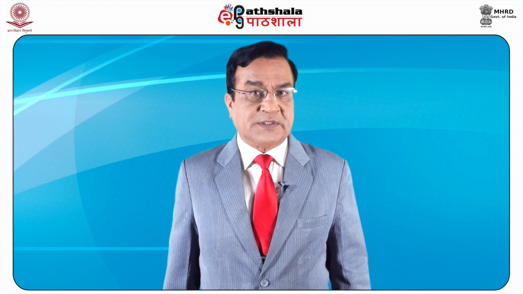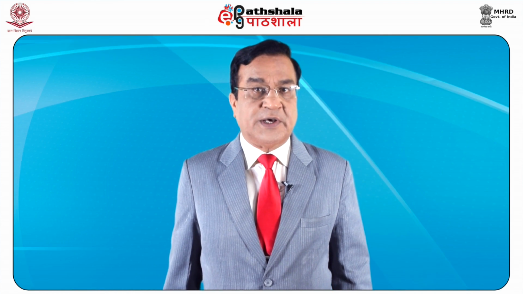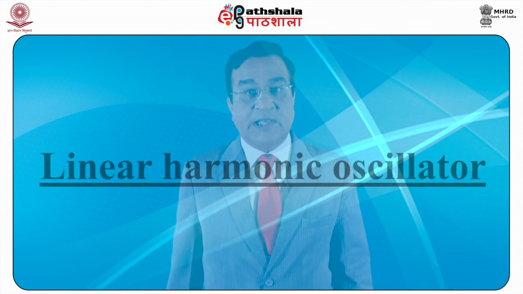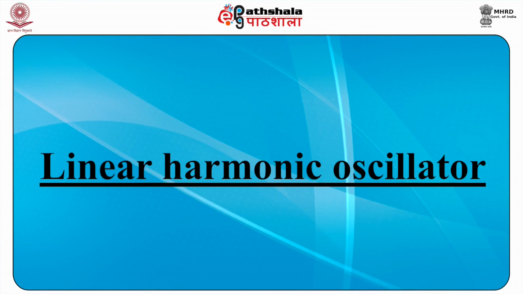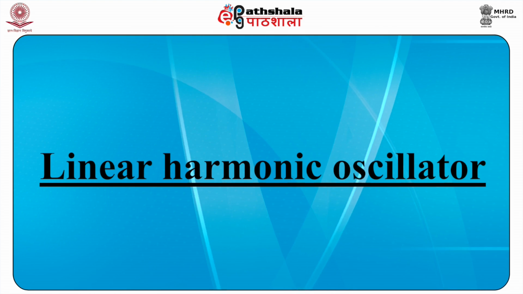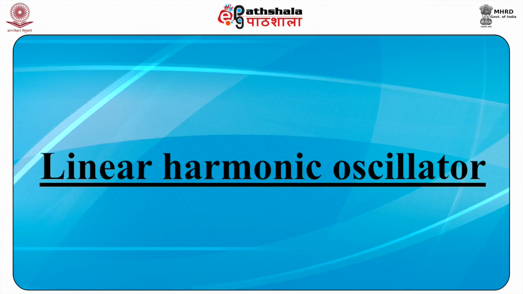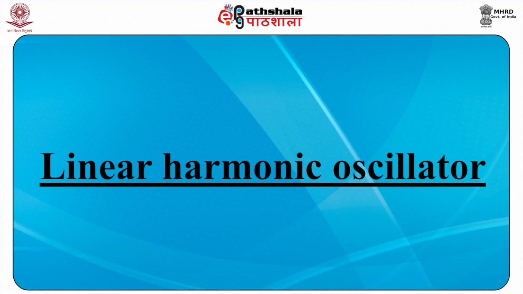Let's now discuss how the Schrödinger equation will change if we are dealing with a linear harmonic oscillator. That means an oscillator which is oscillating along the x direction and its oscillation is simple harmonic.